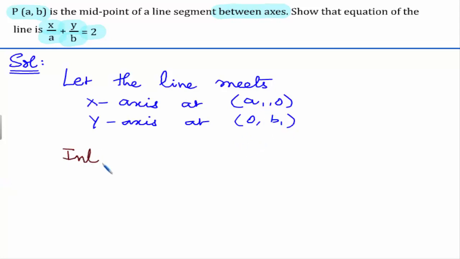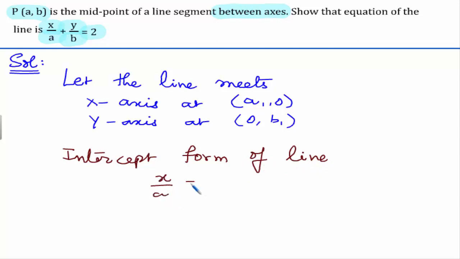Then we know the intercept form of line. That is x by A plus y by B is equal to 1. Now here x by A1 plus y by B1, that is equal to 1.